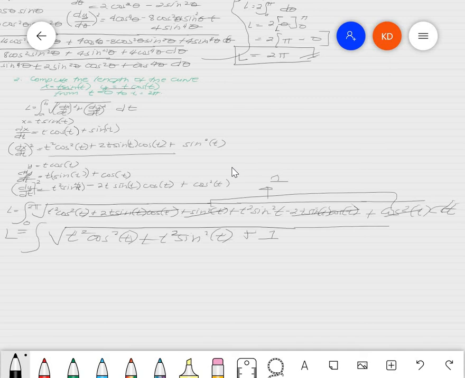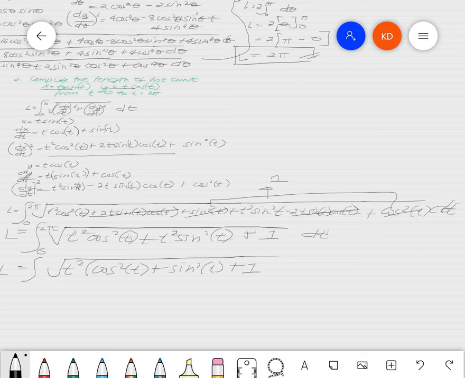So with that, maybe we could try to change another value here. Maybe we could factor out t squared. Okay, this is dt. Then this is equal to cosine squared t plus sine squared t plus 1.